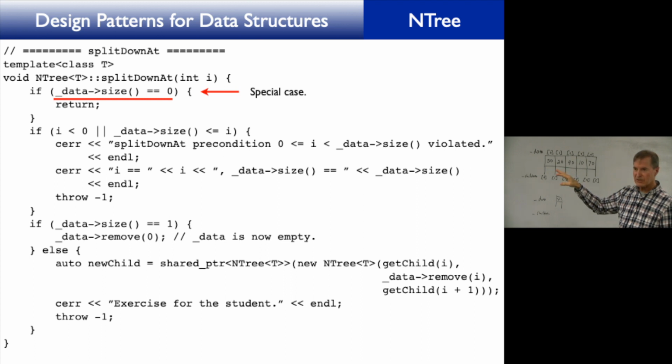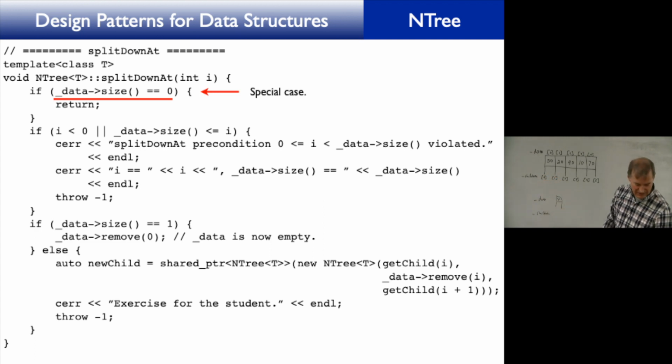That's part of the specification for split down at, and in that case we don't care about the indexes being out of bounds. Otherwise, we implement the precondition, which is just that the position I is not less than 0 and not bigger than the size. That's the usual precondition.